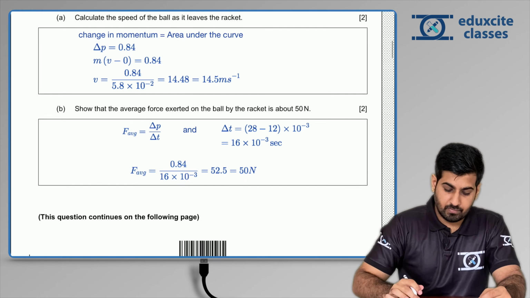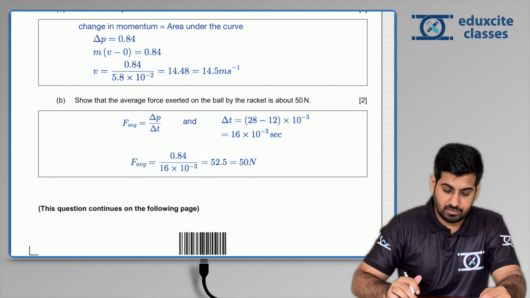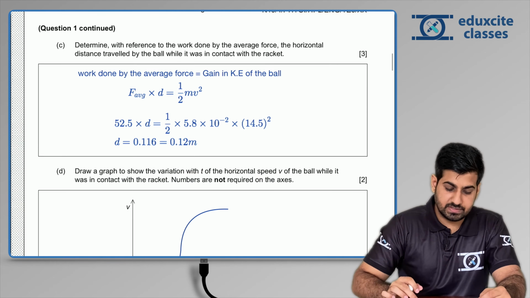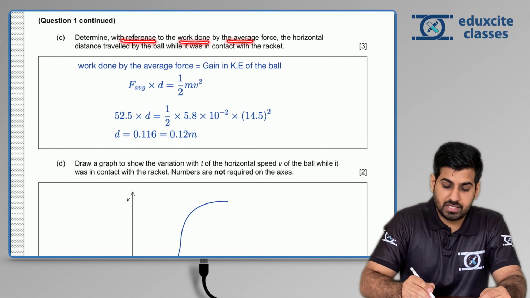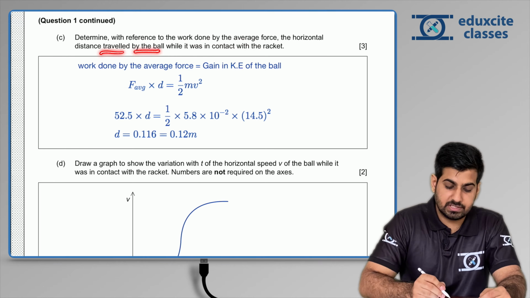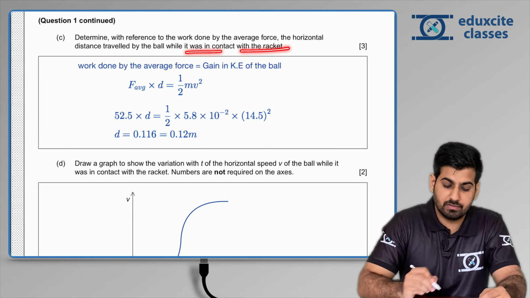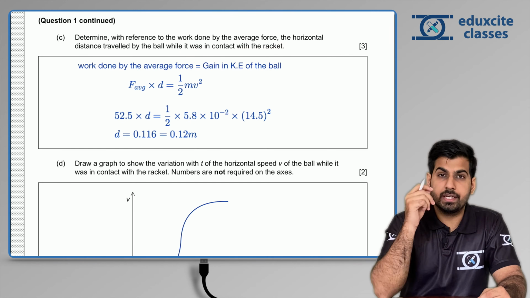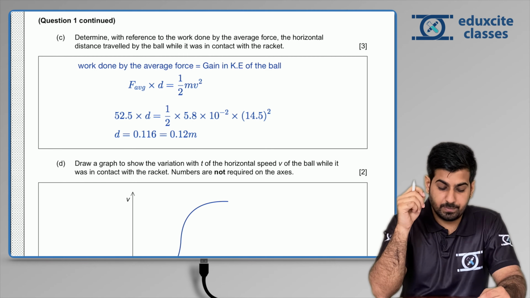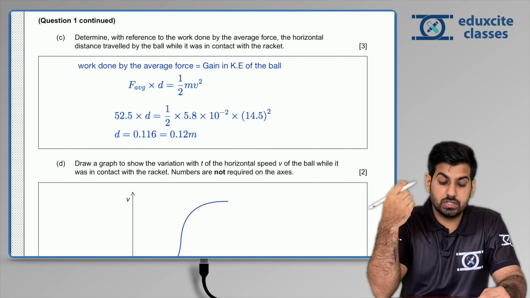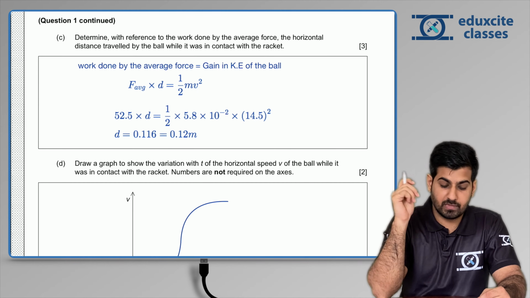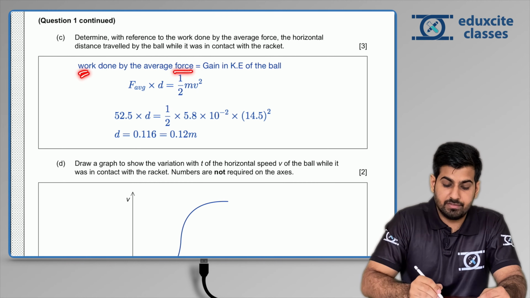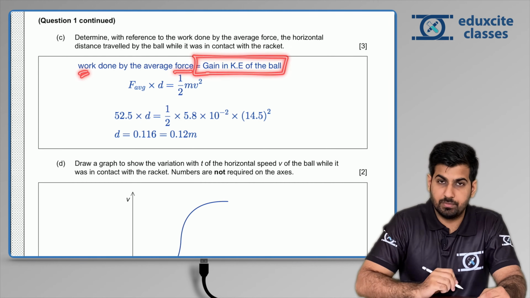Now the C part. Determine, with reference to the work done by the average force, the horizontal distance travelled by the ball when it was in contact with the racket. We know that the work done by the average force is the gain in kinetic energy of the ball.